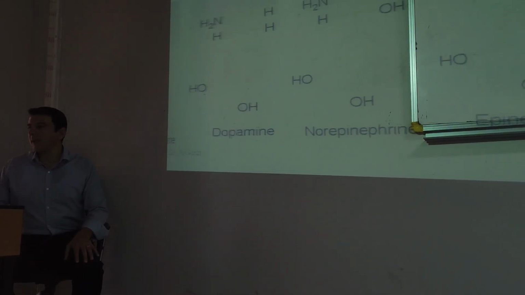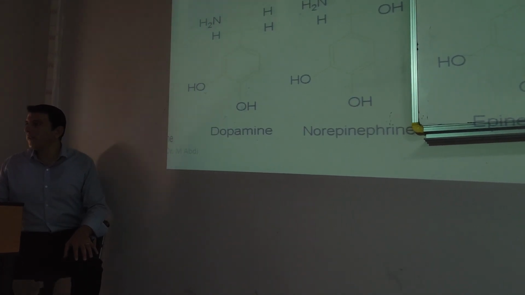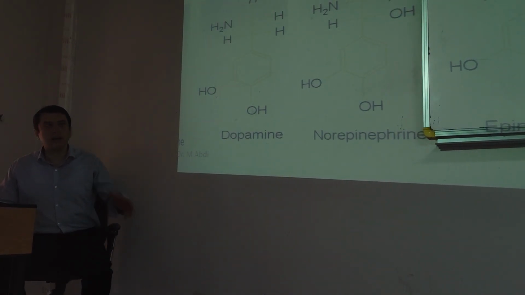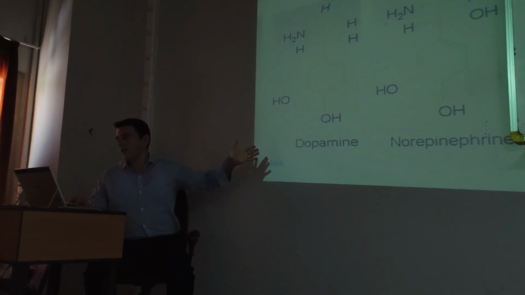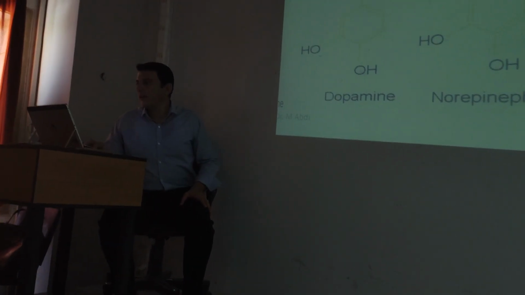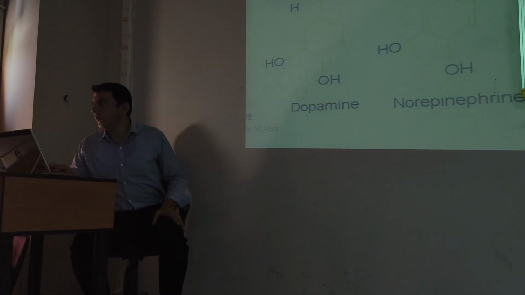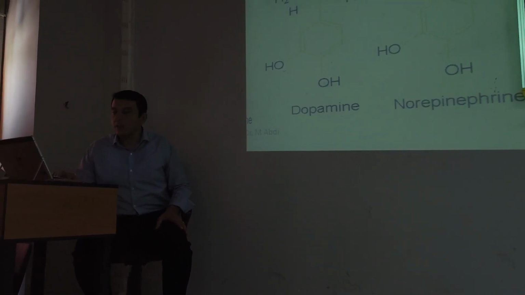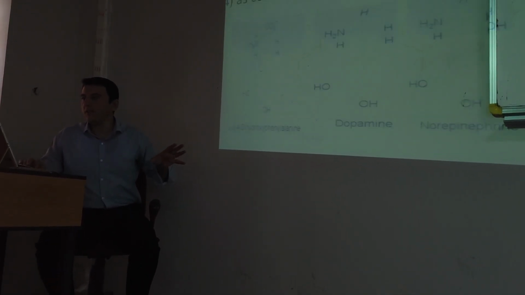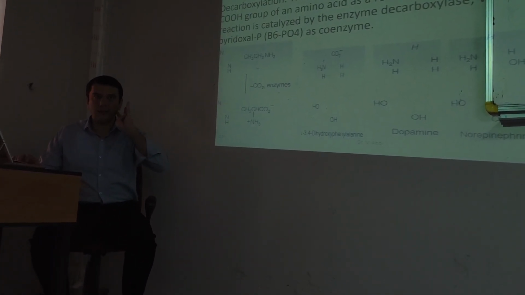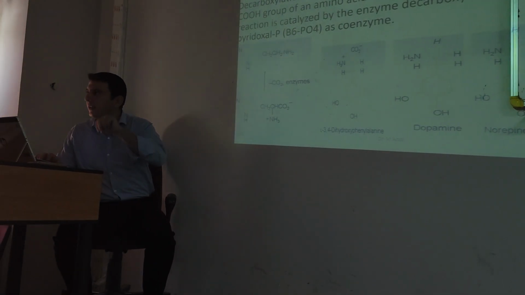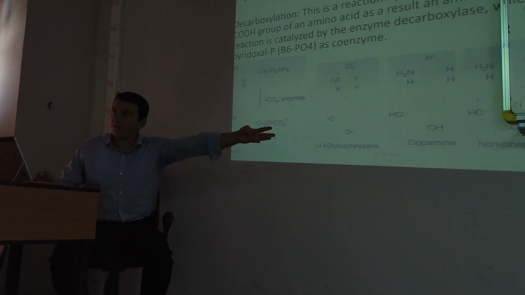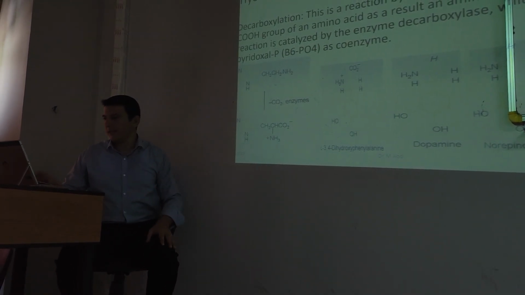Another one, dopamine, and epinephrine, very important neurotransmitters produced from phenylalanine and tyrosine. As you can see, there is no COO in these molecules. So we gave you four examples of decarboxylated amino acids.